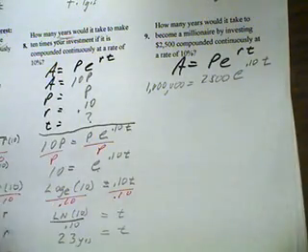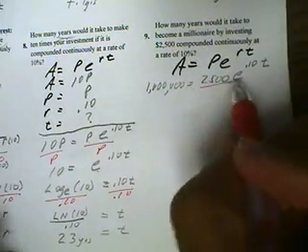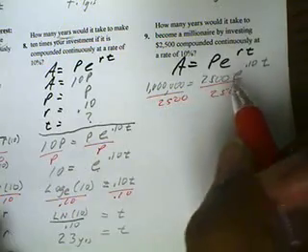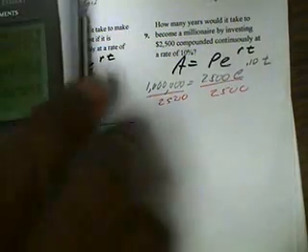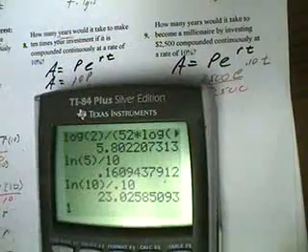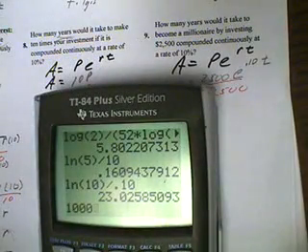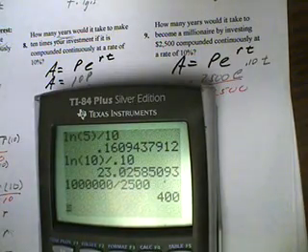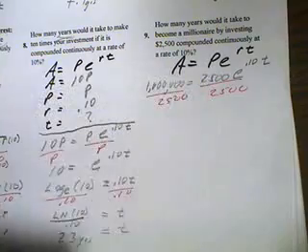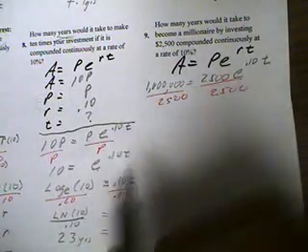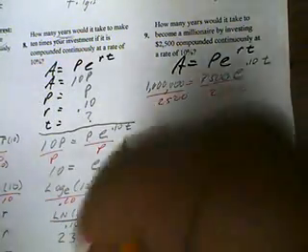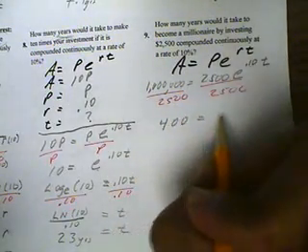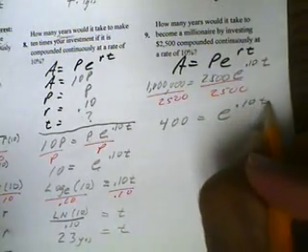Okay, first we're going to divide everything by 2,500. So 1 million divided by 2,500 gives us 400, equals e to the 0.10t power.